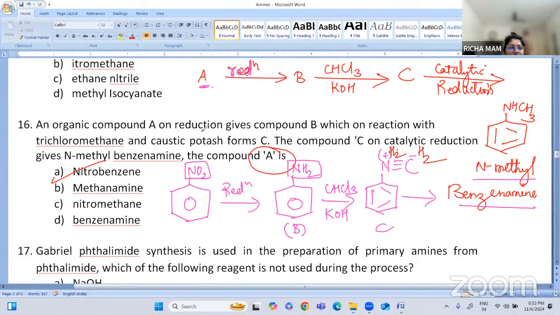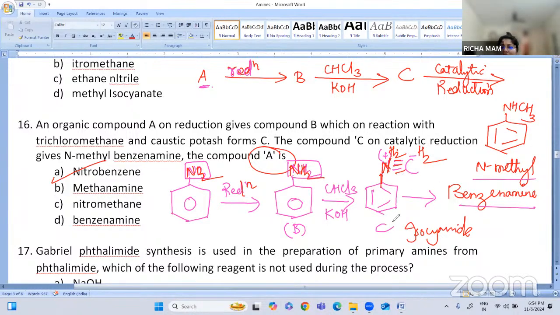If I take the starting compound as nitrobenzene, on reduction we know that the nitro group is reduced to aniline, that is the NH2 group. When you treat it with chloroform in the presence of caustic potash, it will give you C, the isocyanide. Here the nitrogen is attached and donating the electron.